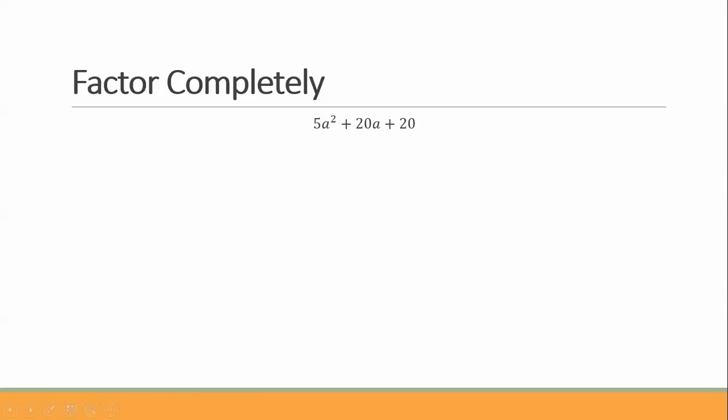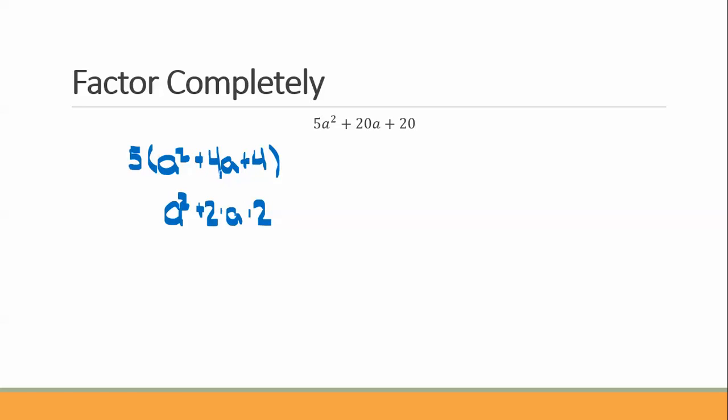Next problem, just like with all our other factoring, we need to factor out a greatest common factor first. So for all of these, we could factor out a 5, and then we have a squared plus 4a plus 4. And now we can look, can we split this part up into a squared plus 2 times a times 2, because 4 is 2 times 2.